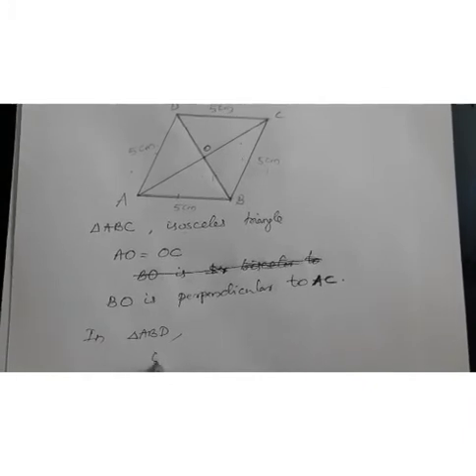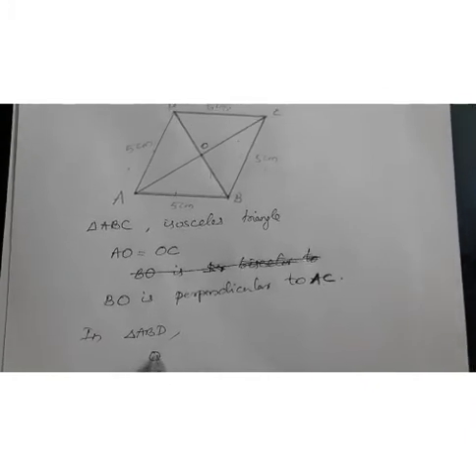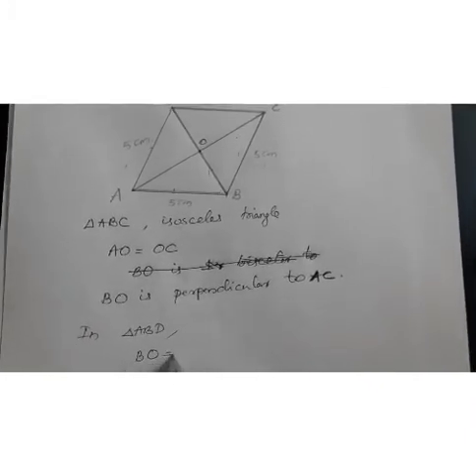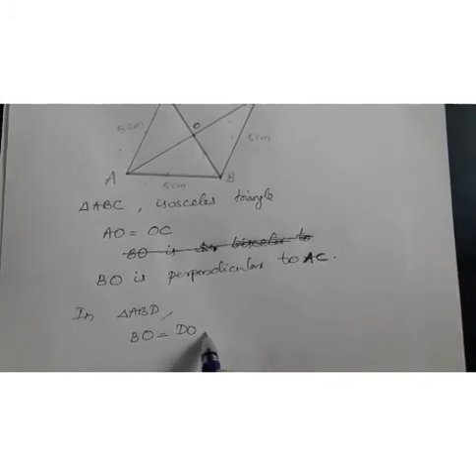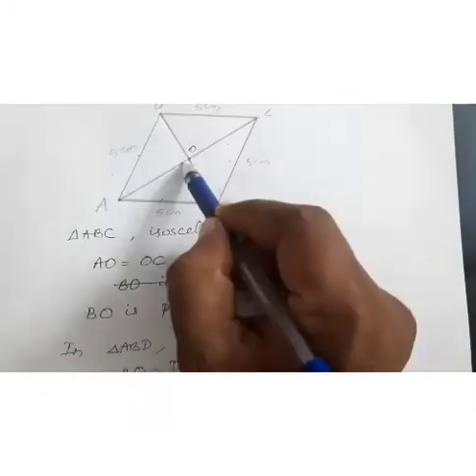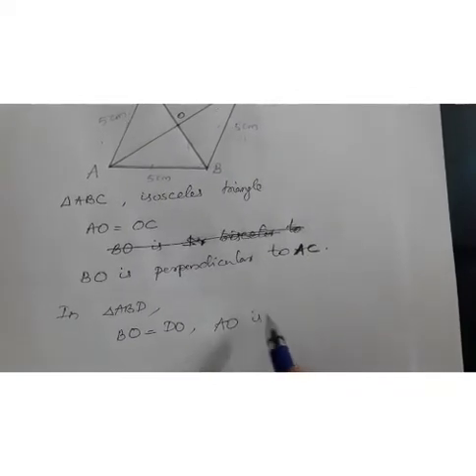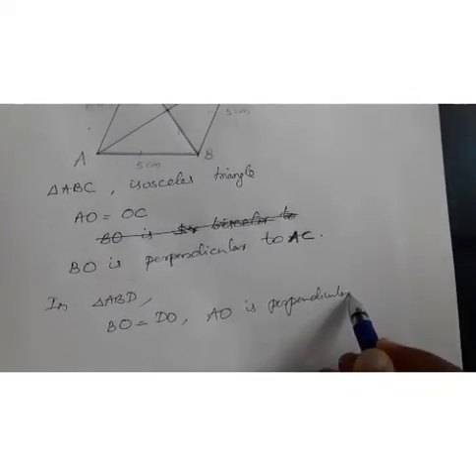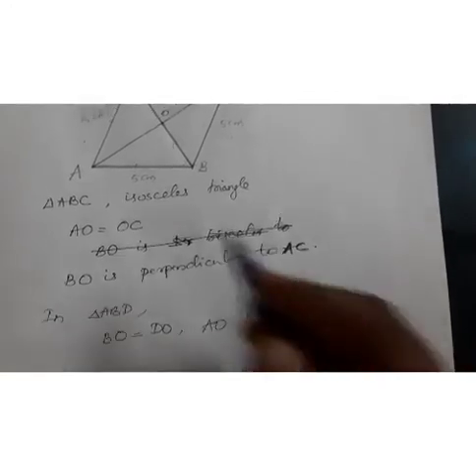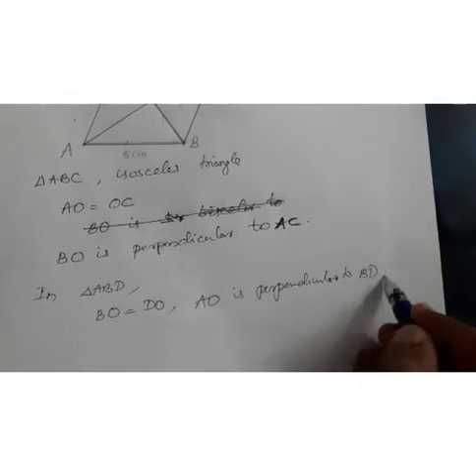Then BO is equal to DO. Here, which is the perpendicular? AO is the perpendicular. AO is perpendicular to BD.